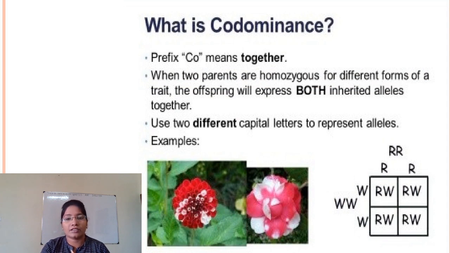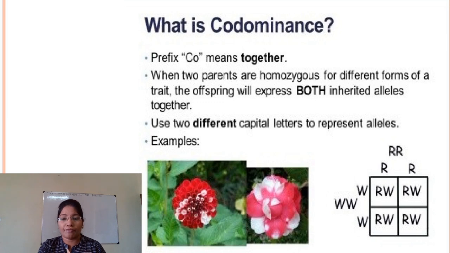The next term is codominance. The term indicates co means together. It means that of the two alleles or genes, both are expressed together in heterozygous condition.